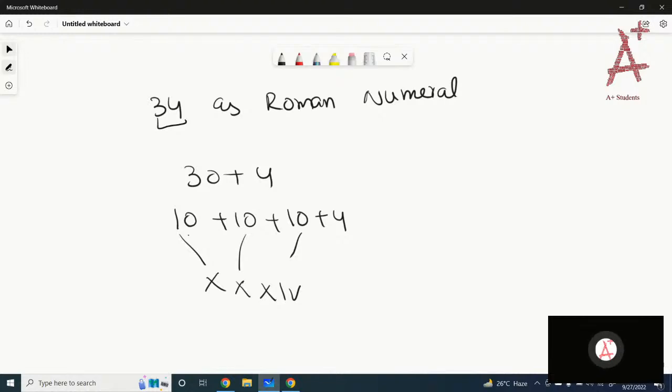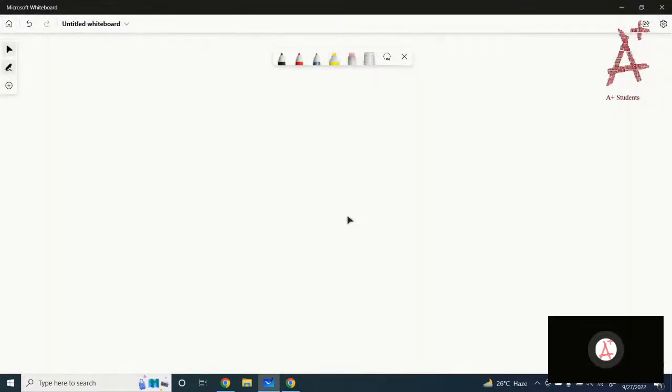Okay, the next one is, what number does the Roman numeral represent? Okay, now you're given a Roman numeral. You need to see what number this Roman numeral is representing. Okay, so how do we write XXVI as a number?